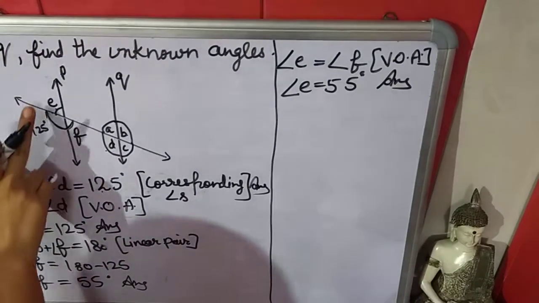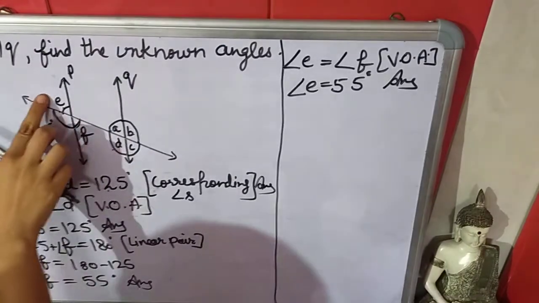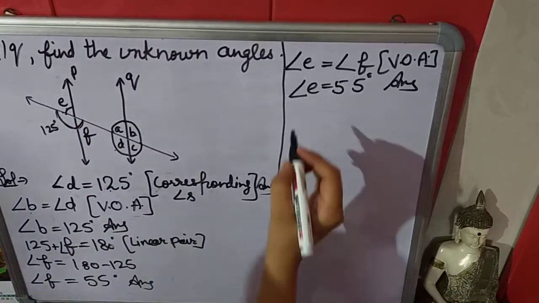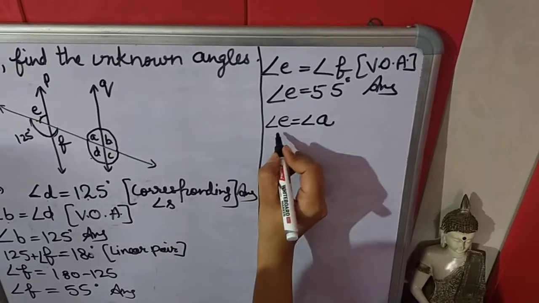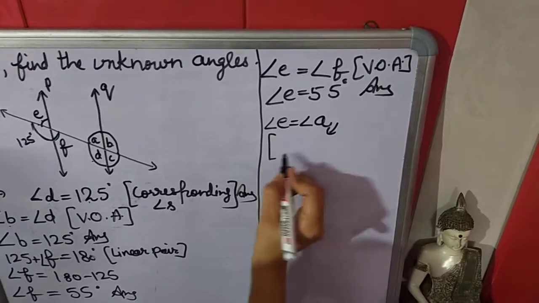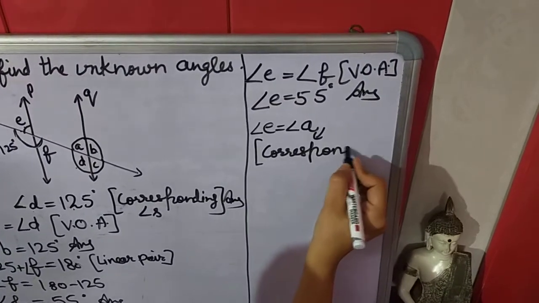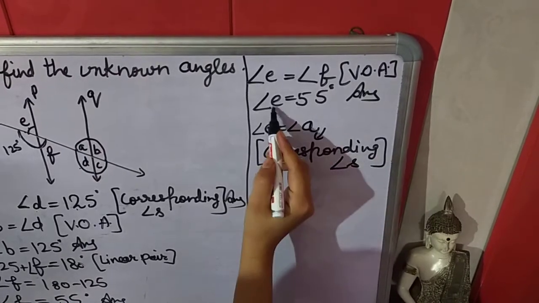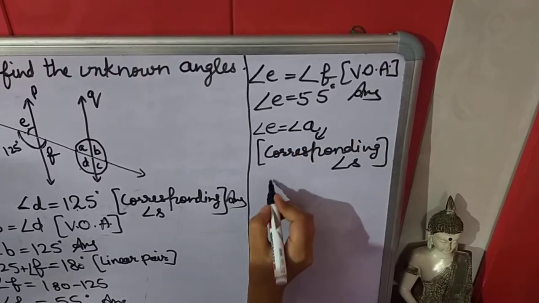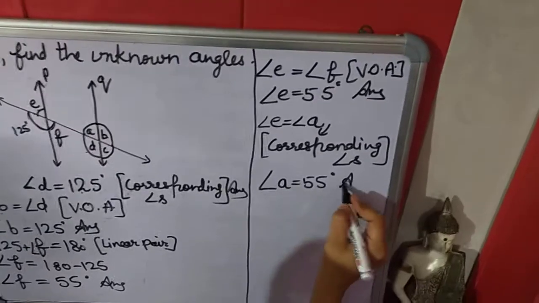Now angle E and angle A both are corresponding angles. One is outside, one is interior. Angle E is equal to angle A. I am writing here reason because both are corresponding angles. So what is the value of angle E? 55 degree. So angle A is also 55 degree.